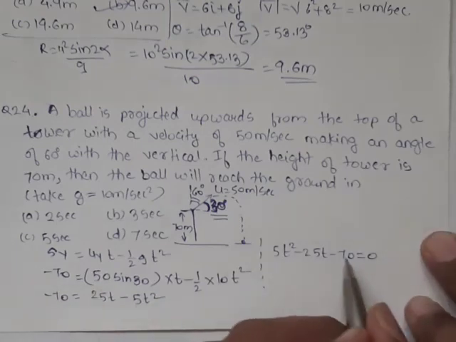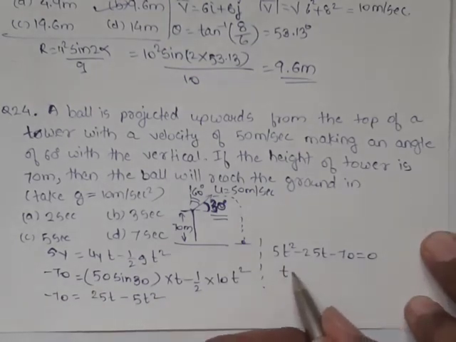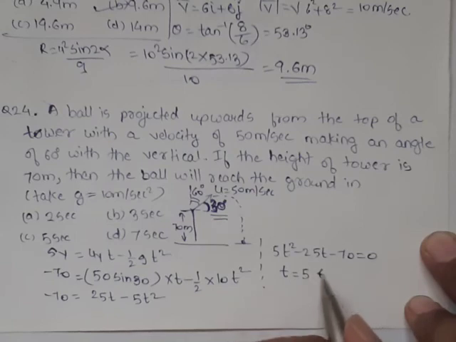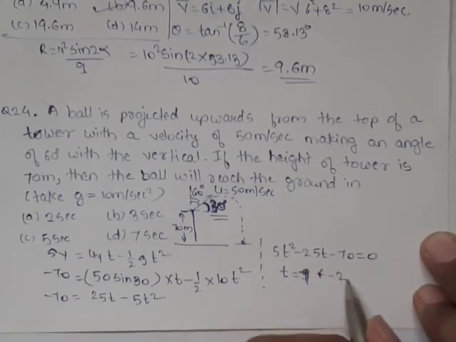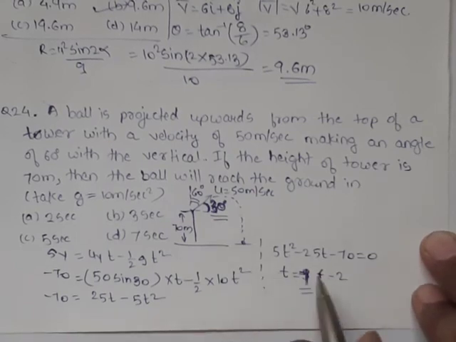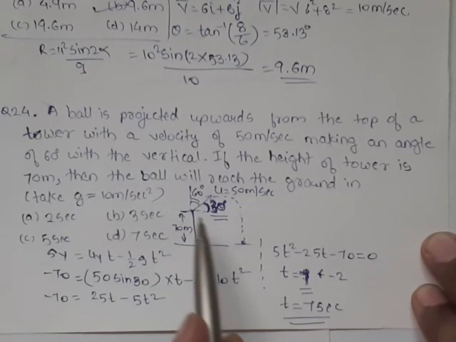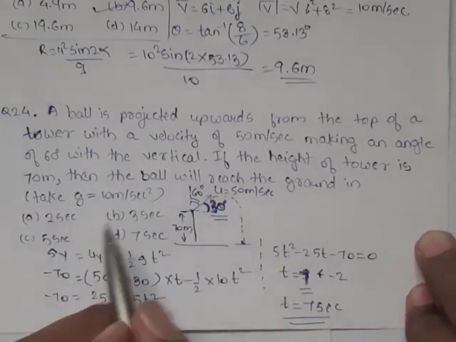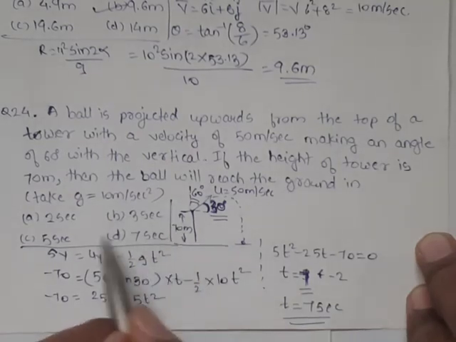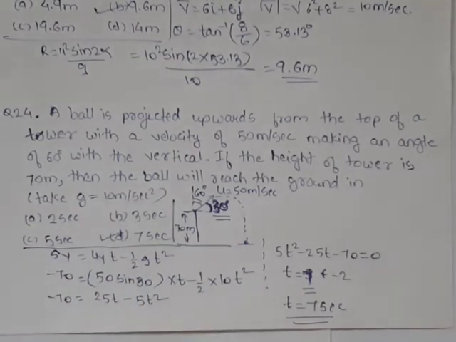Solving this quadratic equation, there are two values of t, 7 and minus 2. Out of that, you have to take only the positive value of t. Therefore t is equal to 7 seconds. This is our answer. When t equals 7 seconds, it is the time required by the projectile to reach the ground. So from the four options, option D is correct, that is t equal to 7 seconds.